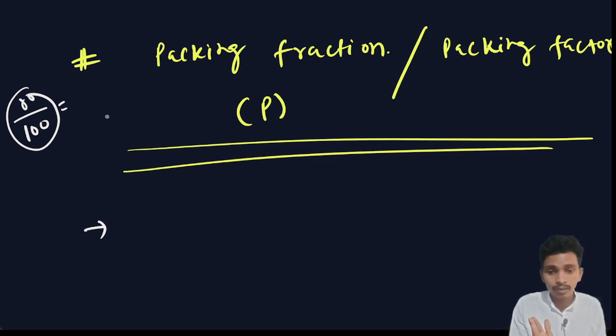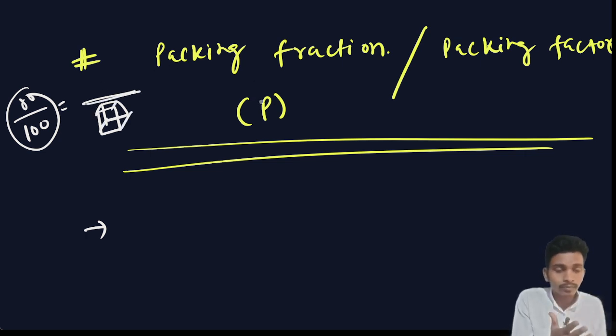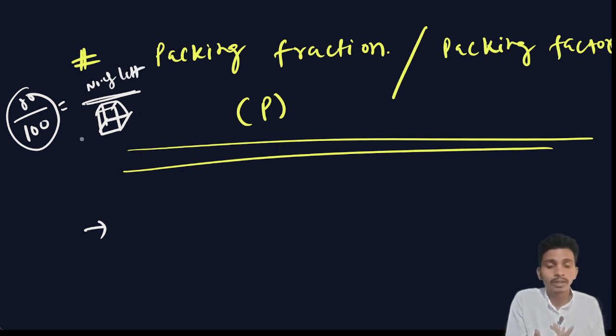A unit cell is a complete unit cell. Let's say a complete cubic unit cell is there. In that unit cell, how many lattice points are present? The number of lattice points present in a unit cell is called the packing fraction.